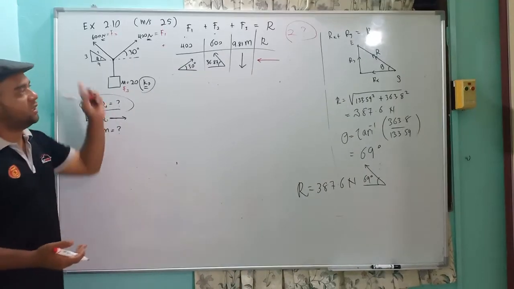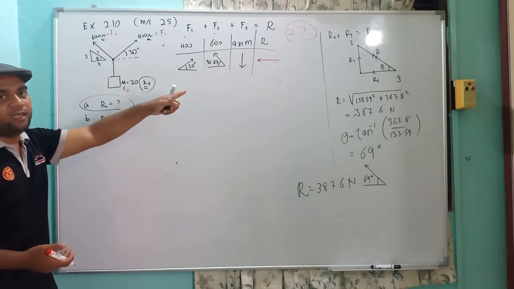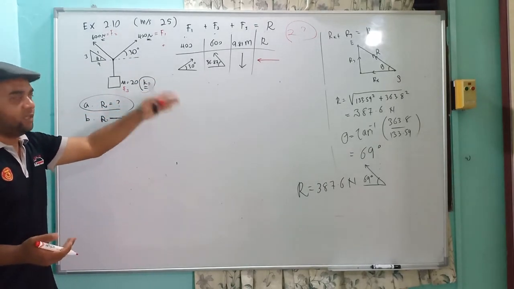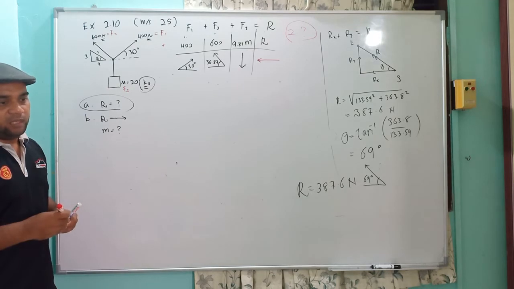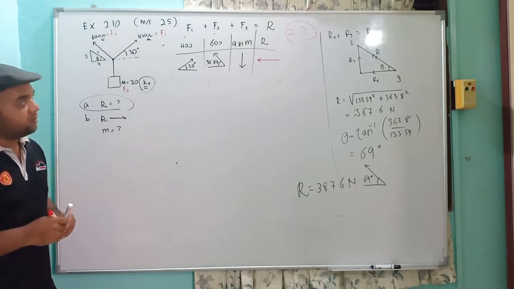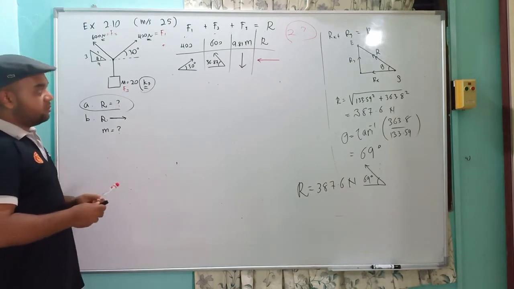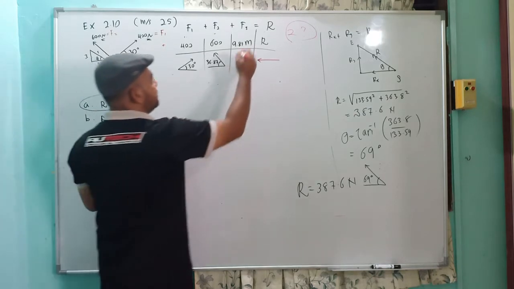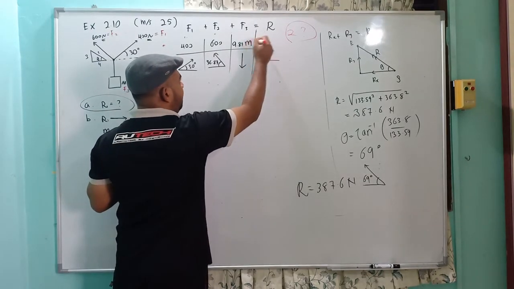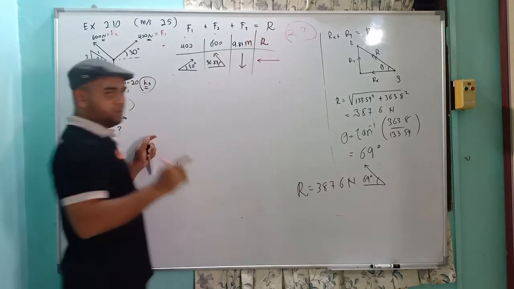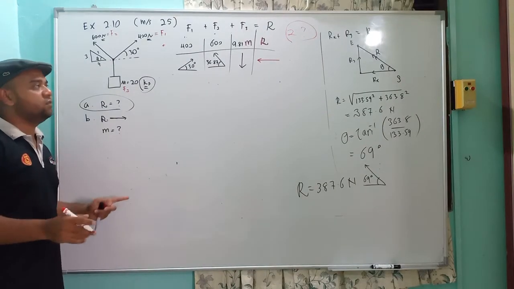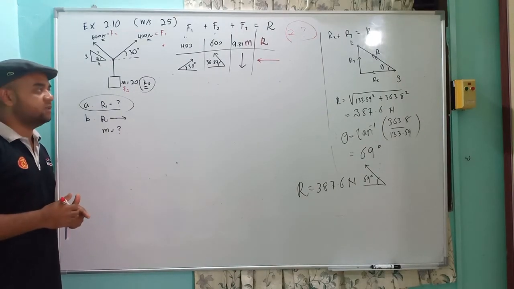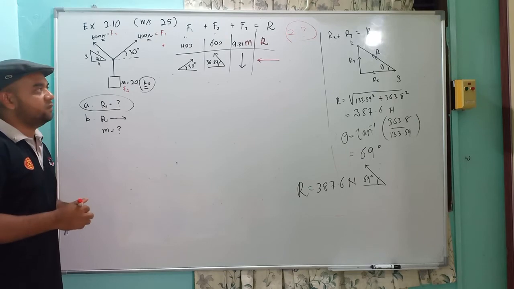Okay, it doesn't matter if you assume to the right. At the end, if you get negative, then you just take the opposite direction. Okay, so by doing that, you only have two unknowns, which are M and also R. Now you have two unknowns, you can solve this one. If you have more than two unknowns, it is difficult for you to solve this problem.